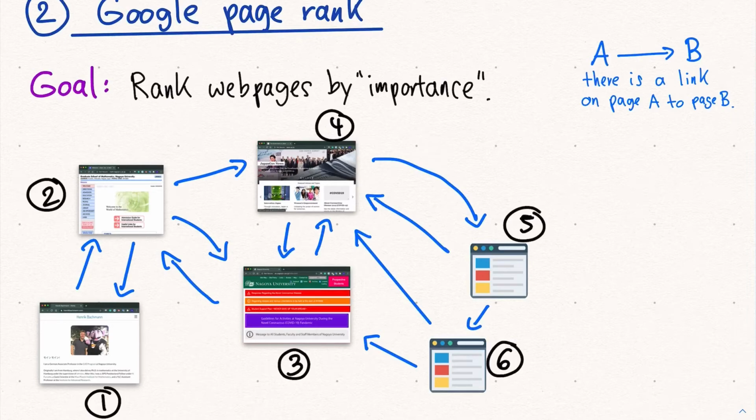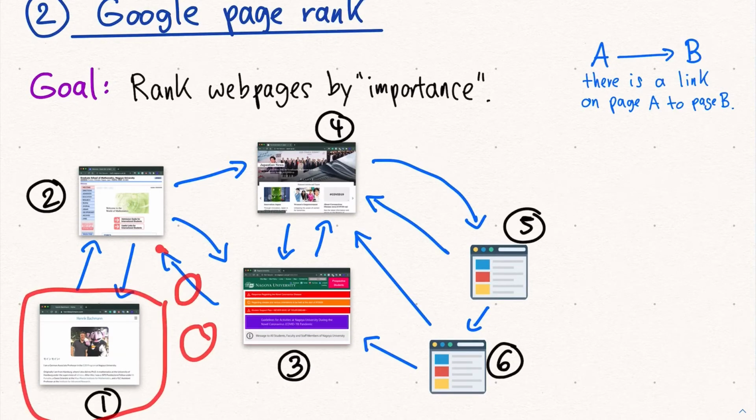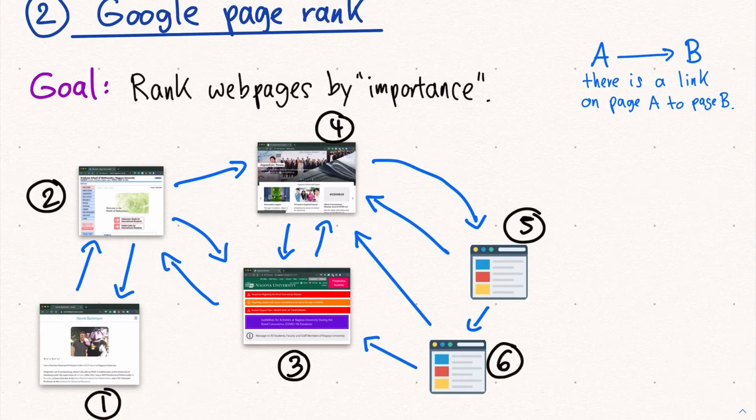But this has a problem: I could give you the homework to create your personal websites and force you to put a link on your website to my homepage. Then it's easy for me to increase the number of links to my homepage. But this shouldn't count so much, because these newly created websites are not really important themselves.